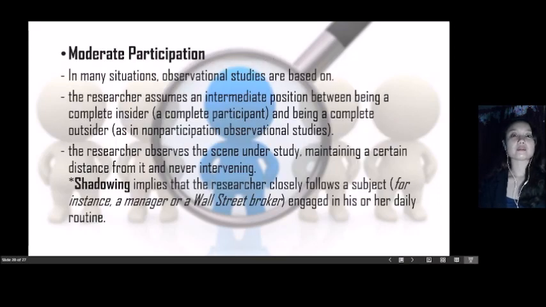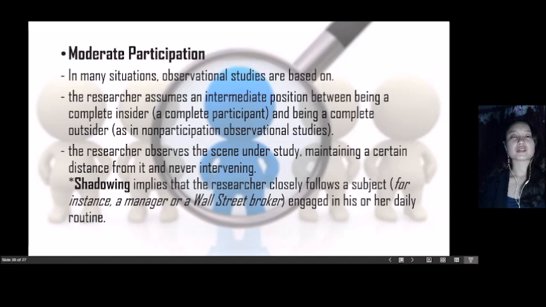While the next one is the moderate participation. In many situations, observational studies are based on the researcher assuming an intermediate position between being a complete insider or a complete participant and being a complete outsider, as in non-participation observational studies. The researcher observes the scene under study, maintaining a certain distance from it and never intervening.